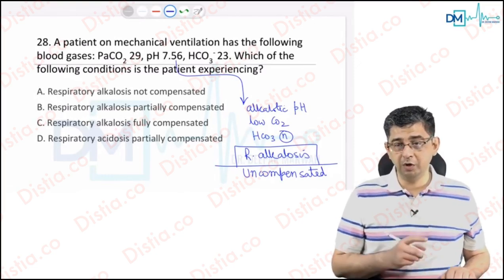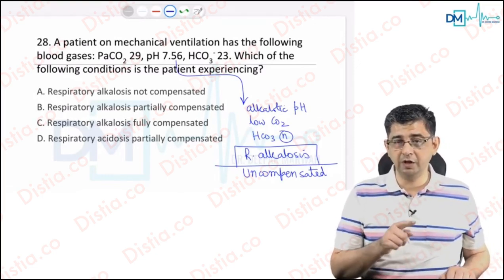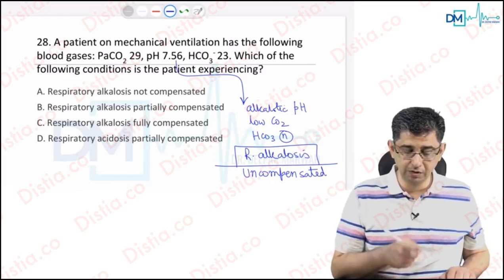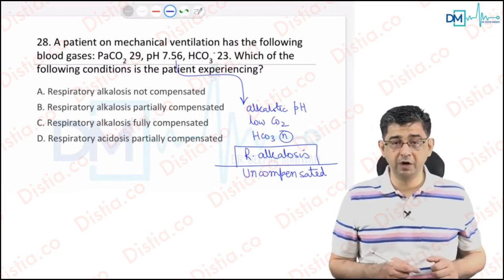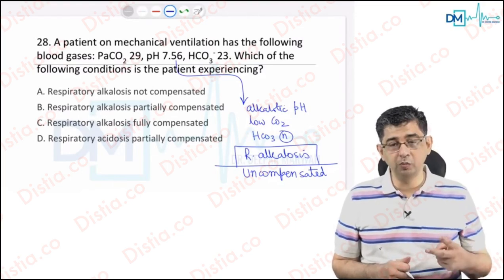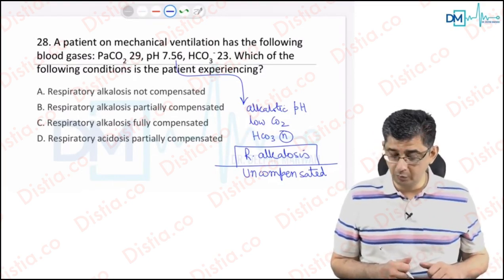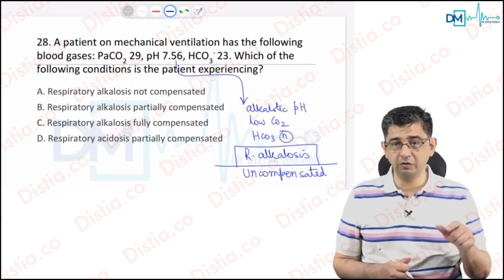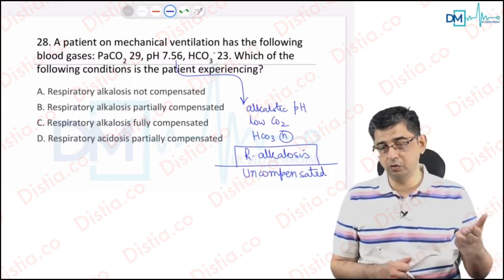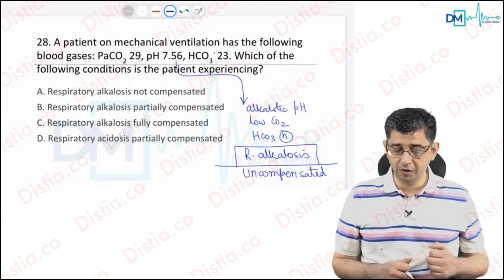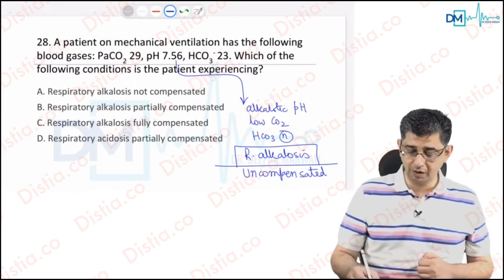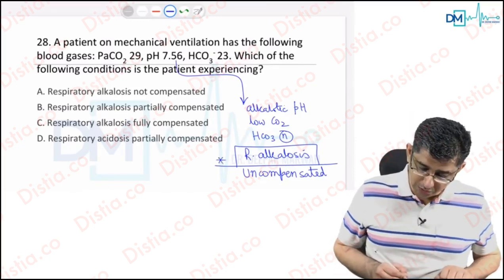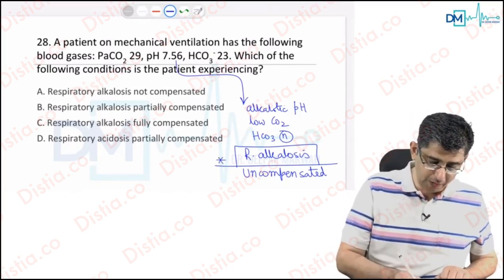Remember, I taught you in respiratory alkalosis, for every 10 millimeter fall of value of carbon dioxide, here it's falling by almost 20 points, you should be having at least a 2-point fall in the value of bicarbonate, and that has actually not happened. Remember, 2 for acute, 4 for chronic. So this fellow is having an uncompensated respiratory alkalosis. The answer to this question is A.